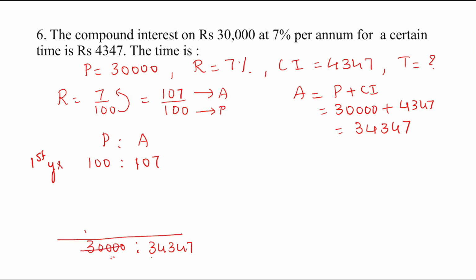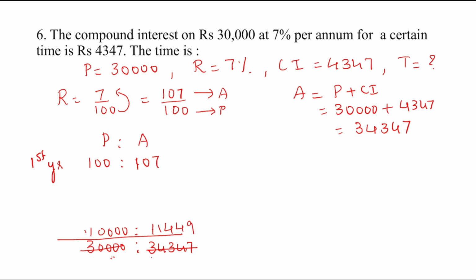Okay. So it is 3 ones and 4 zeros, and 3 ones, 3 ones 3. 1 will remain, 3 fours are 12, 1 will remain, again 3 fours are 12, 2 will remain. So it is 3 nines are 27. Okay. So now the ratio between this principal and amount we got as 10,000 is to 11,449.